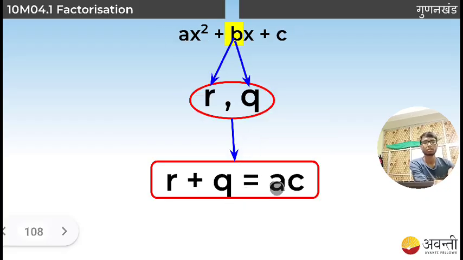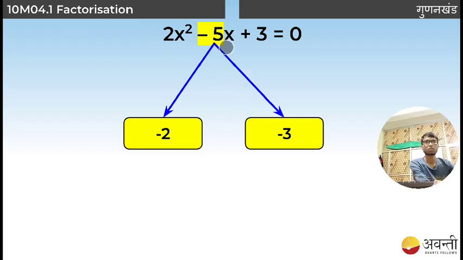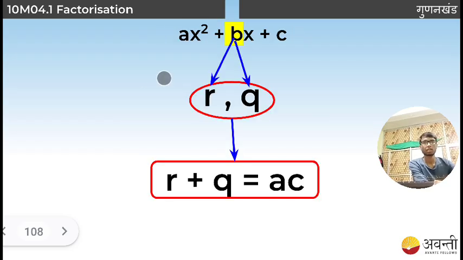You see, it is telling you that in this, when both r and q are added, this will be equal to b, and their product will be equal to the product of a and c.